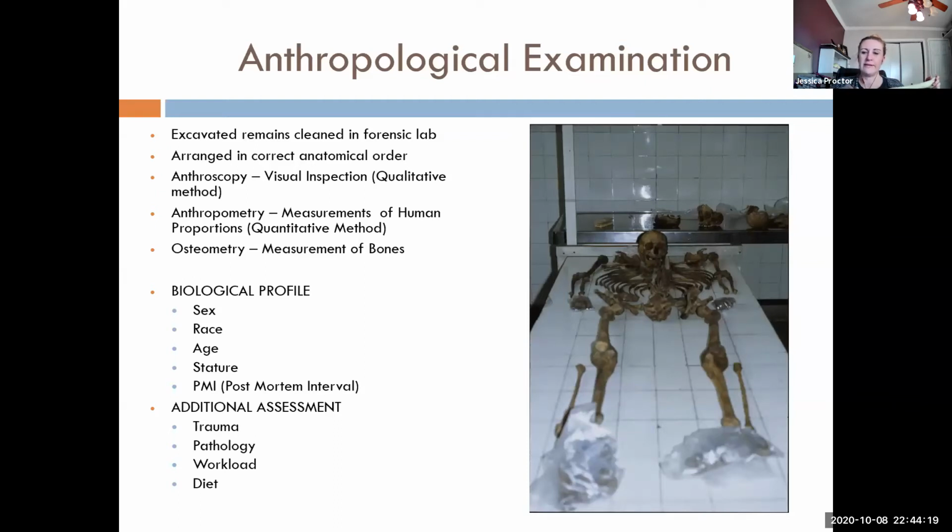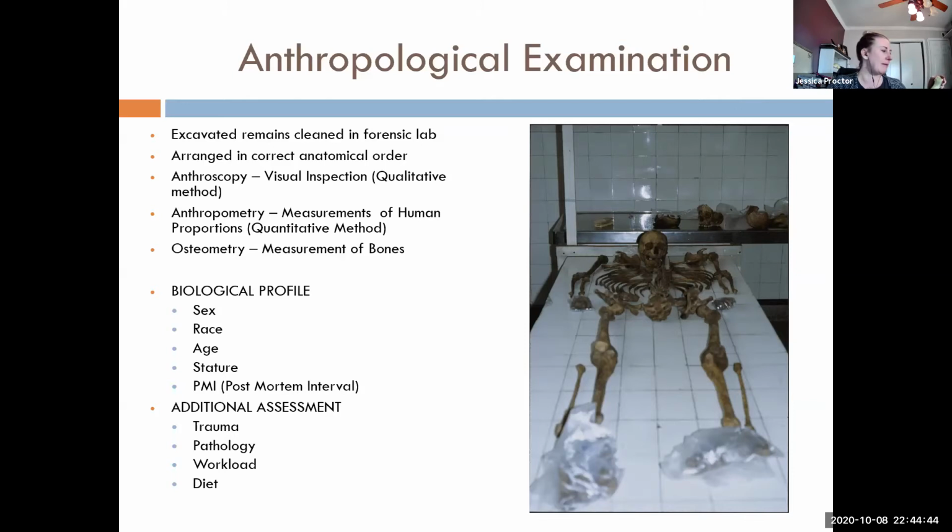Pathology, so looking for any disease or nutritional deficiencies. Workload, as some of you in my lecture class are learning about here in chapter 5, we talk about the Wolff's hypothesis. Bone becomes more robust and denser for populations that are more active. So if you have a high level of workload, then your bones are going to be denser.